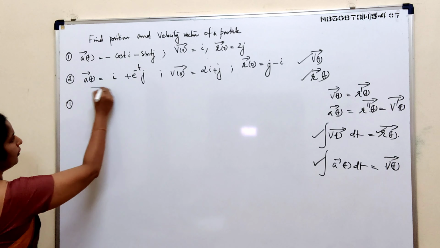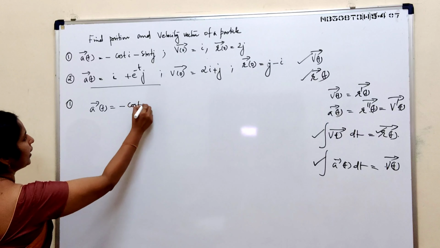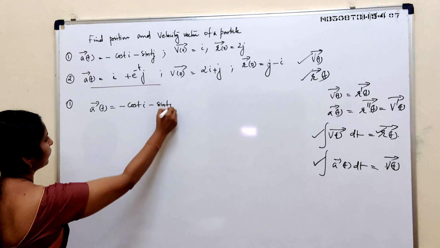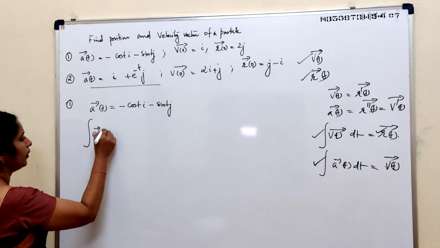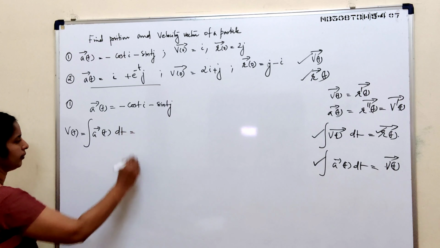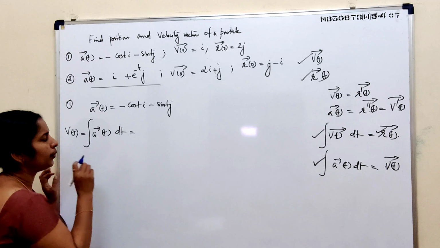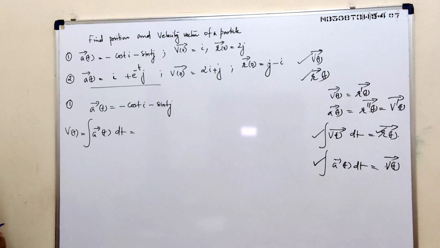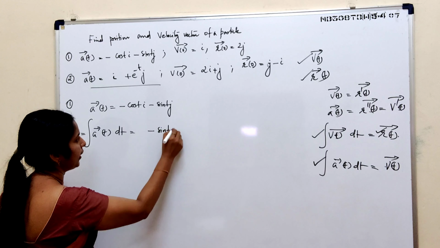See, in the first question, a(t) is equal to minus cos t i minus sin t j. So if you integrate a(t), we get velocity. What is its integral? You integrate with respect to t. The integral of cos t is sin t, so minus sin t i.